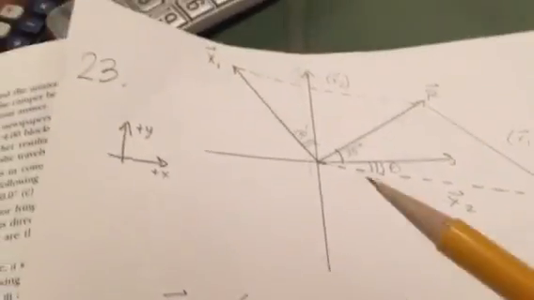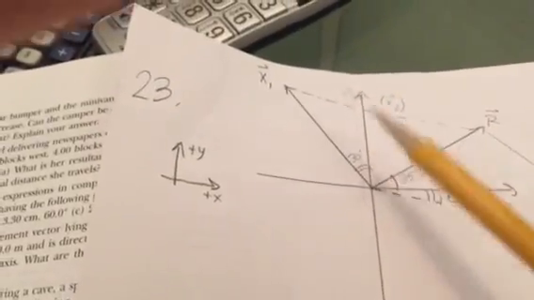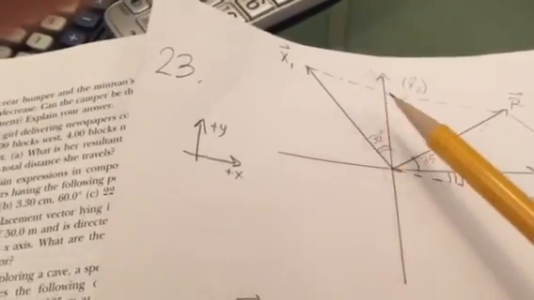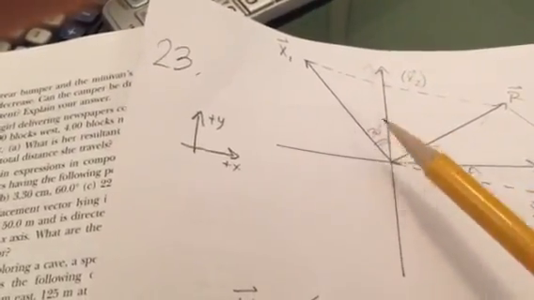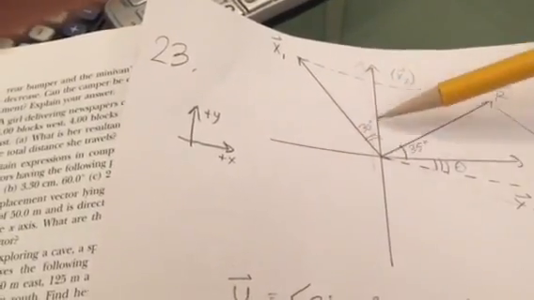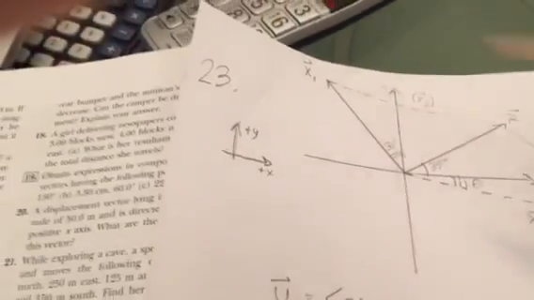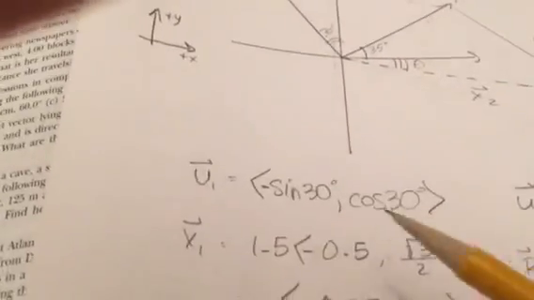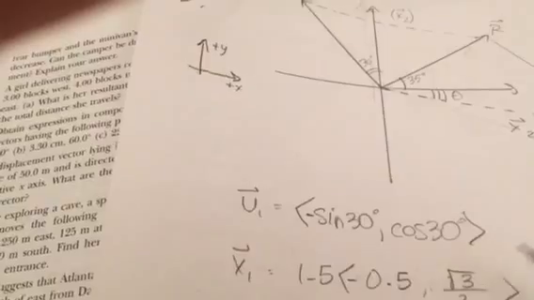The second component is the y component. And again, if we imagine that triangle here, cosine 30 degrees would be the y component of the first position vector, and that is positive.